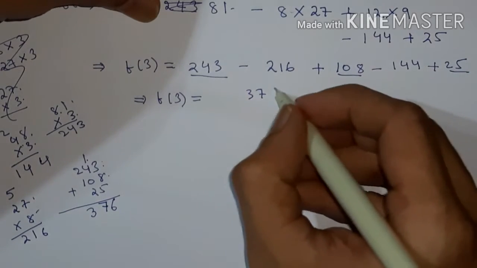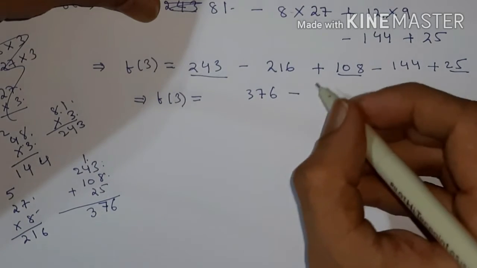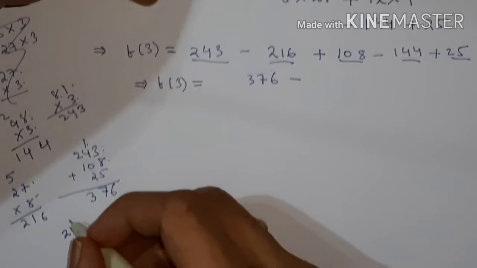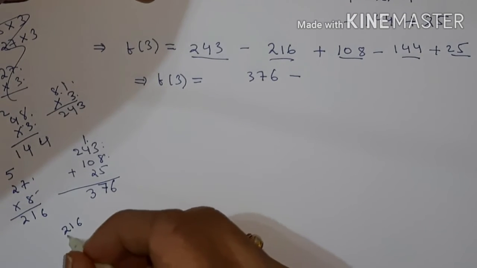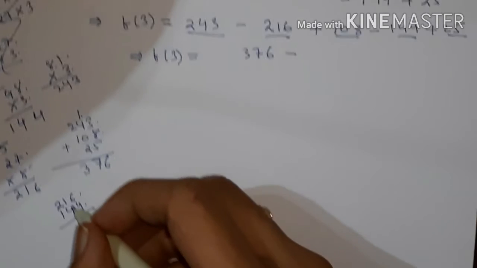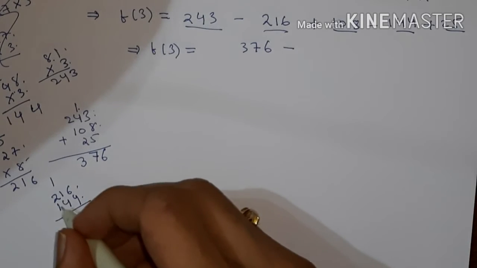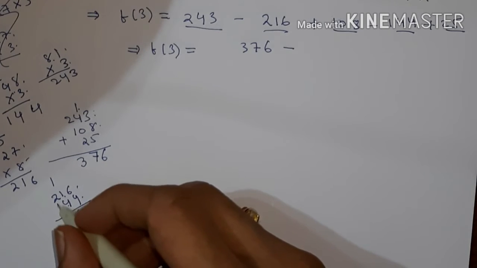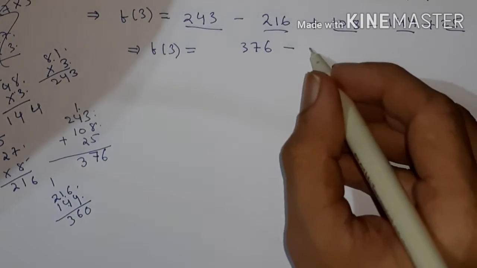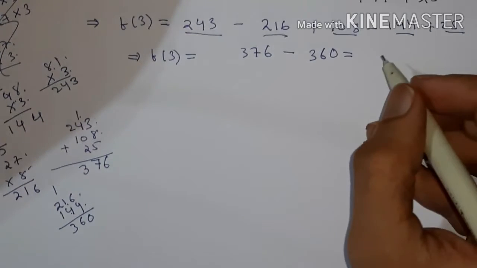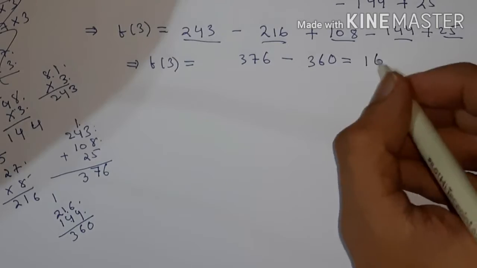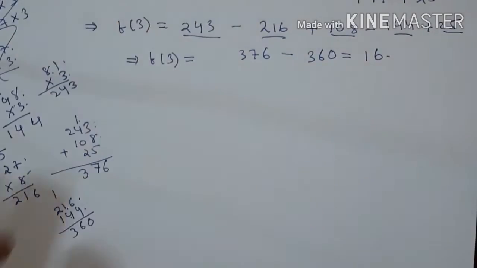So 376 minus, this you can add now because both are minus, 216 plus 144. 6 plus 4 is 10, 4 plus 1 is 5, plus 1 is 6, 2 plus 1 is 3. So 360, and 376 minus 360 is 16, right.